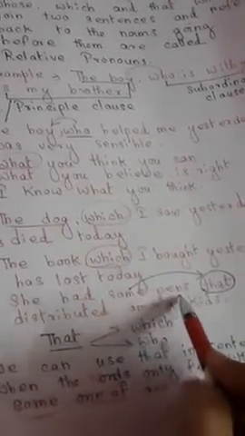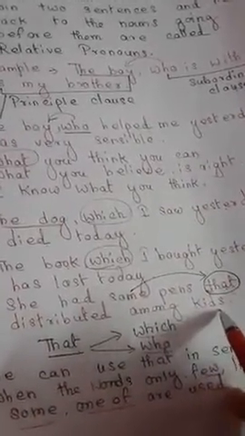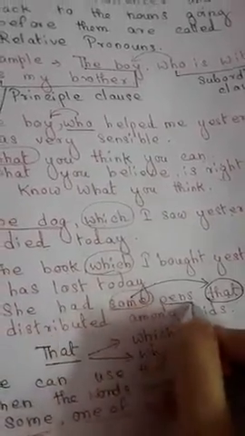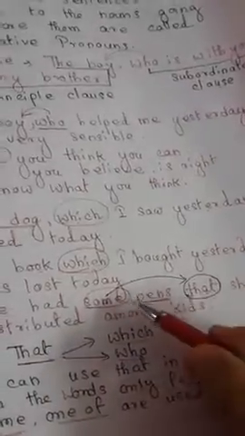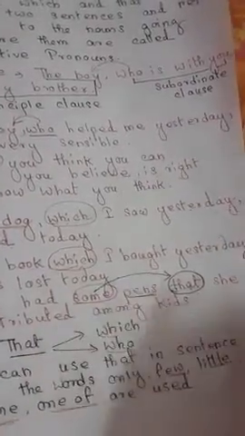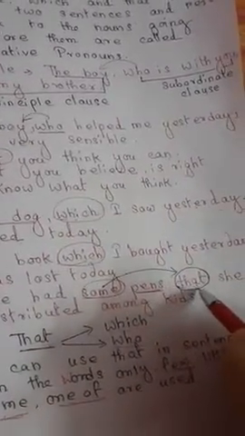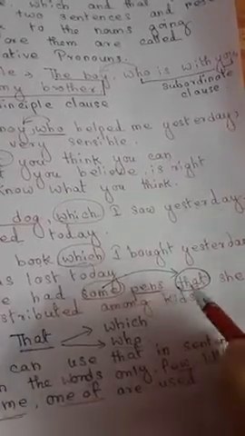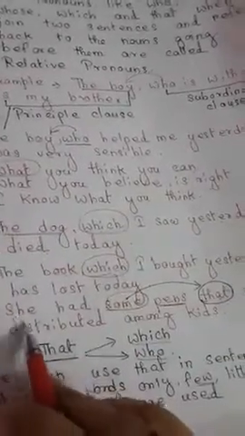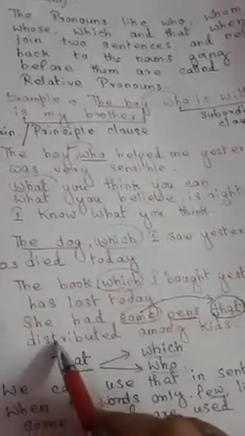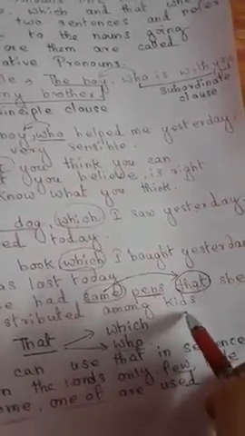Some examples, see. She had some pens that she distributed among kids. Now here I have used some before pens. So when we use some or little or few, then we will use that, and we will not use which. So we will say: she had some pens that she distributed among kids.